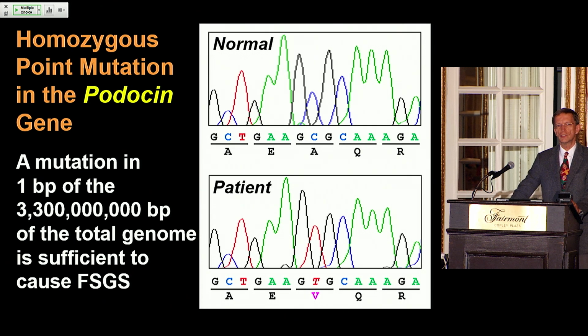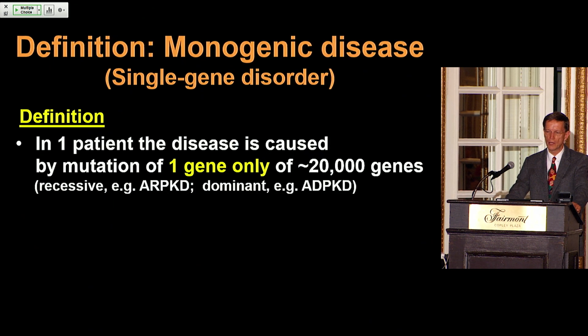However, a situation like this is characteristic for thousands of diseases that we call monogenic diseases, or Mendelian disorders, or single gene disorders. And in nephrology, over the last 10 years, over 250 of these have been discovered and described.